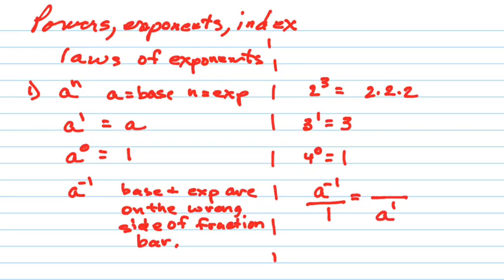Okay? Now, we don't have anything left in the top, but we do, because what number was in front of the a, even if you don't see it? A 1. So it's 1 over a to the first. And then again, we're going to go through these laws, and then I'm going to go back and talk to you about how they apply to the logarithms, because you can't understand logarithms without understanding these rules. Okay?